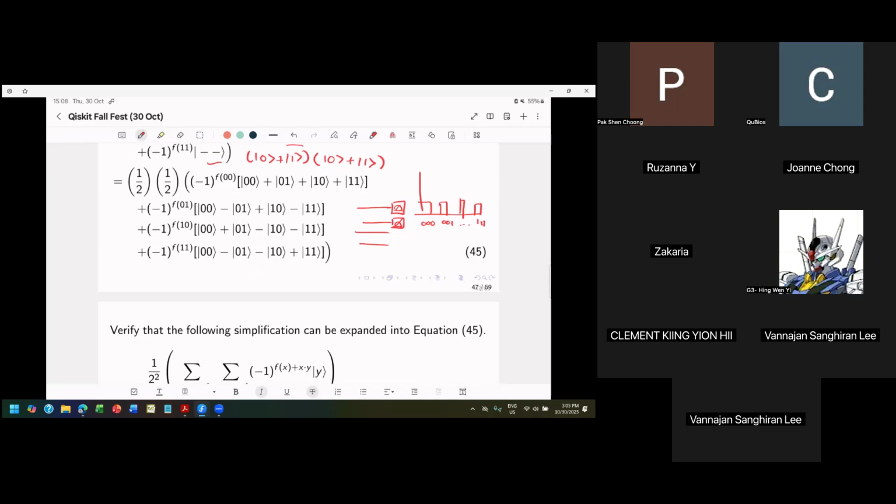But for quantum, as long as you are able to do the state preparation, meaning testing all the possibilities at once, the superposition thing, then you just need to call the oracle once and then do the measurement for 00. Then you know whether it is a constant or balanced function. Yeah.